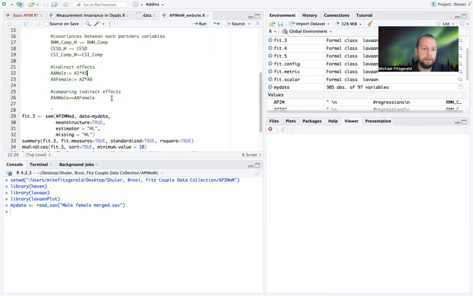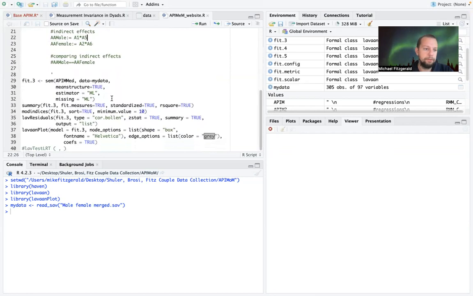And so in our first model, I'm introducing some additional, more advanced aspects of lavaan. And so first we have our fit object to indicate our model and our data set. Mean structure by default, I just always include that. For estimator, we have maximum likelihood.